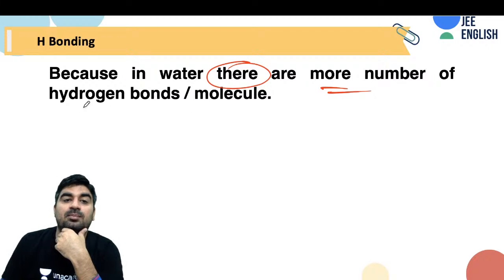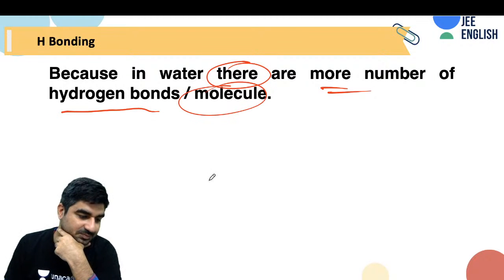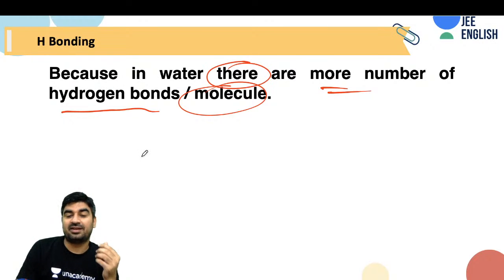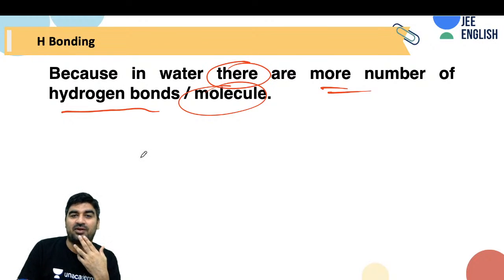There are more number of hydrogen bonds per molecule. If you compare the hydrogen bonds in water, there are more number of hydrogen bonds per molecule as compared to HF. Got it?